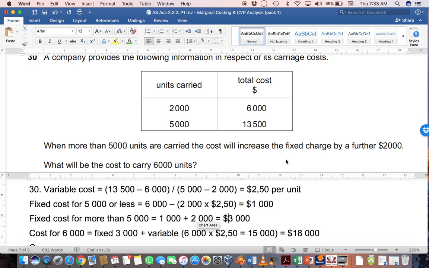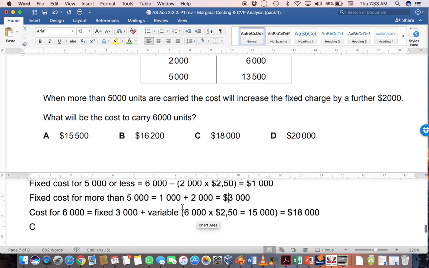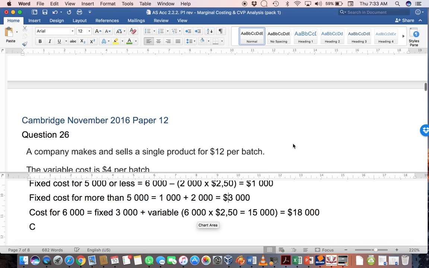So as you can see, you really do want to try and keep it under, or carry a whole lot more than just the 5,000 or 5,001. So we will over here choose C as the answer.